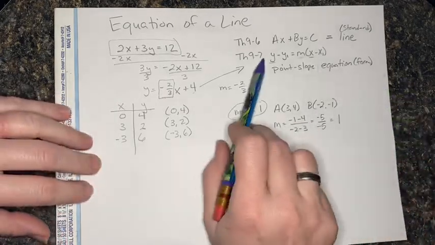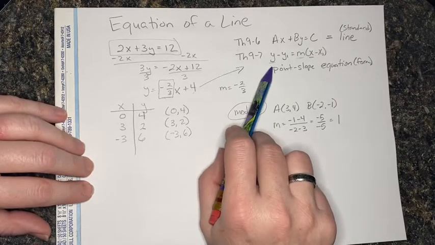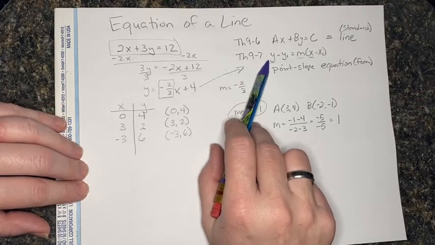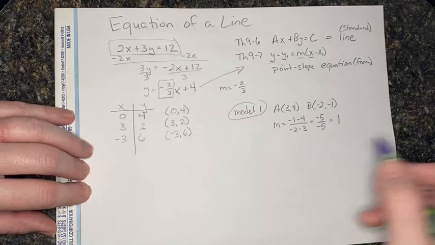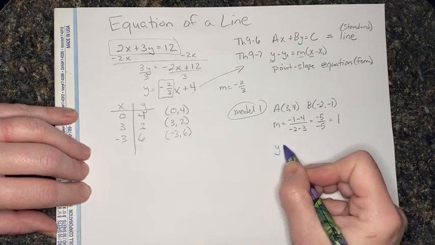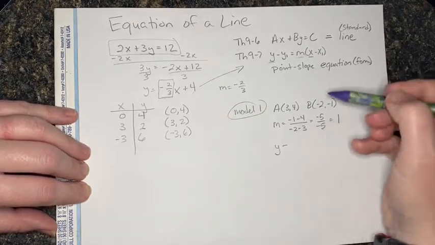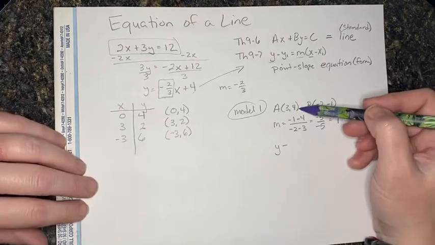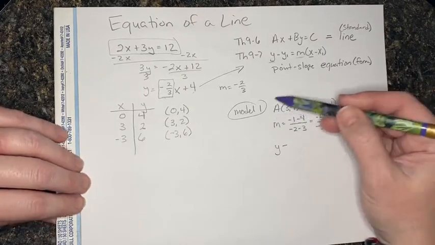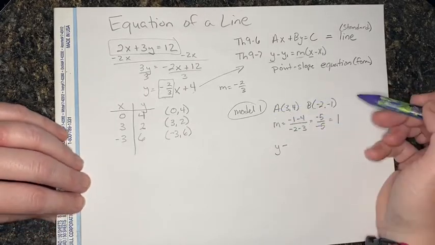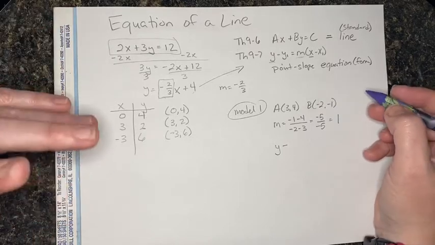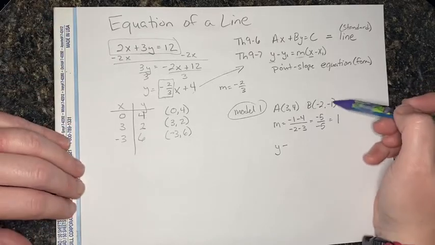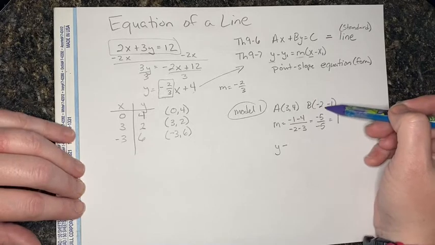Now we can use our point slope equation formula here and put in our numbers. Y minus y sub 1. Now here, you can just choose. Honestly, it can be either both the points from A or both the points from B. It doesn't matter. Just make sure you use both of the points from there.